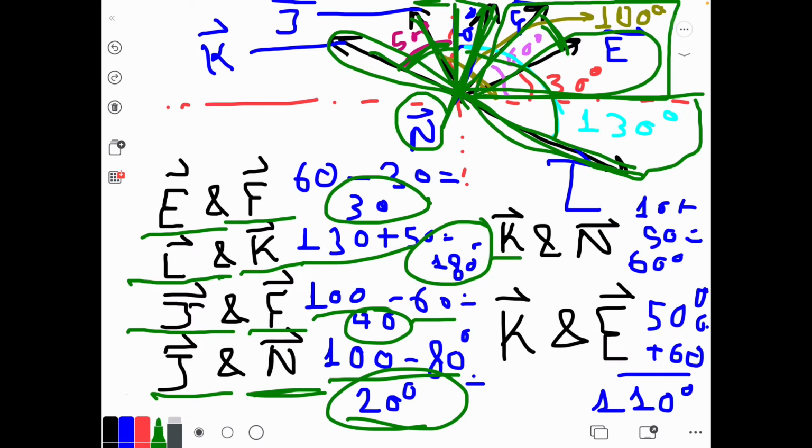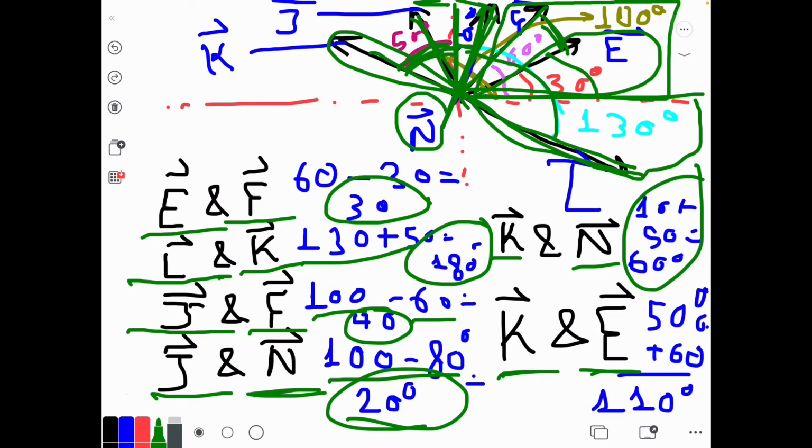Then we have vector Kyle and vector Nick, which has a 50 degrees angle plus a 10 degrees angle on the other side of the vertical reference line. So we add them up and get a 60 degrees angle. Then we have vector Kyle and vector Evan, where vector Evan is a 30 degrees angle over here and vector Kyle is 50 degrees, so they are not inside each other.